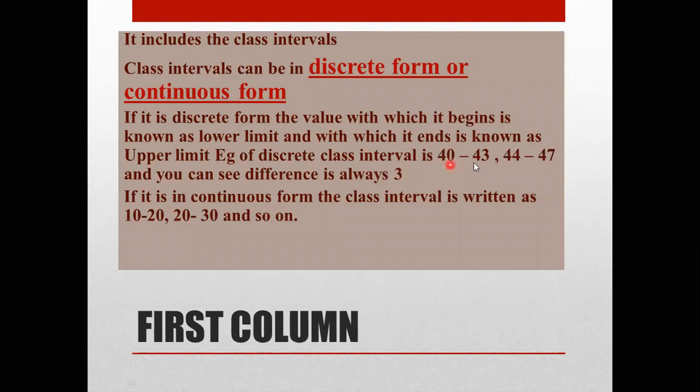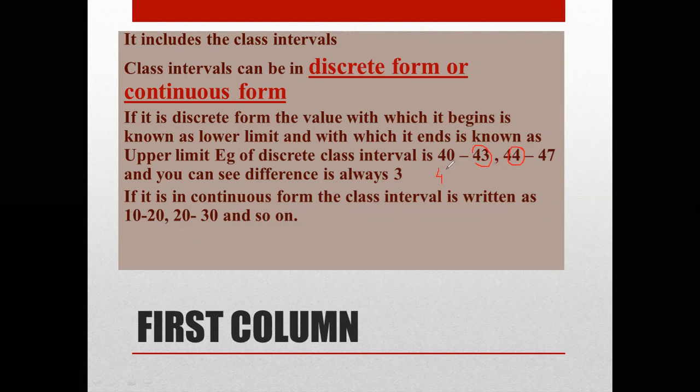For this example I'm taking 40 to 43, 44 to 47. I want to convert this class interval, which is in discrete form, into a continuous form. So I have to find the adjustment factor for this. How will you find it? You'll use the formula: the lower limit of one class and the upper limit of the previous class, you subtract these two numbers and divide by 2.